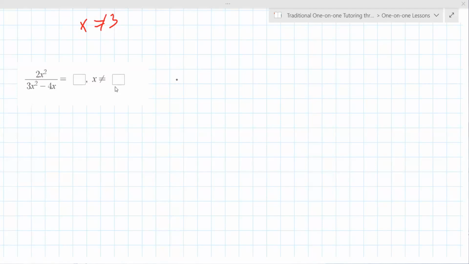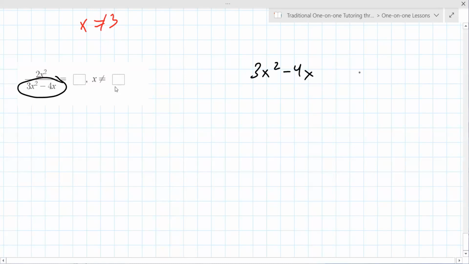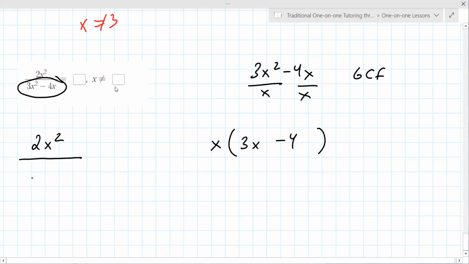Yeah, most definitely. Okay, so notice on the bottom here, there is an x in both terms. So your GCF is the x, and then you divide each of these by x. So the way that works here is it's 3x minus 4. So you have 2x squared up top over x times 3x minus 4.